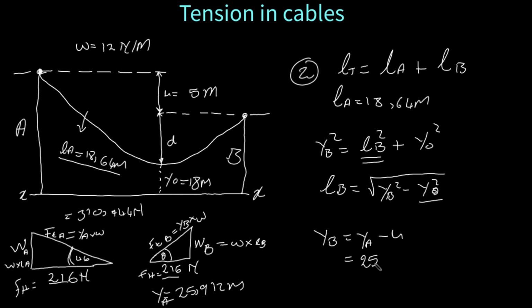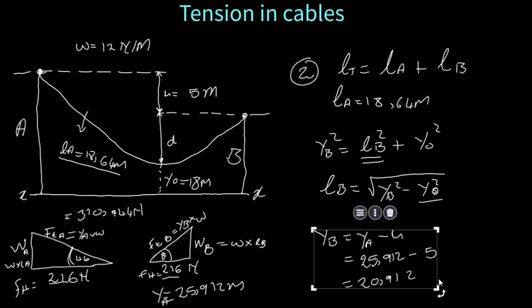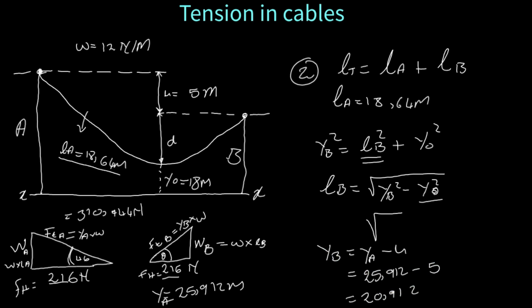And then we say 25.912 minus h, which is 5. It's going to give us 20.912, which we are going to come and put here. YB is 20.912 minus 216 squared. I'm going to erase this.